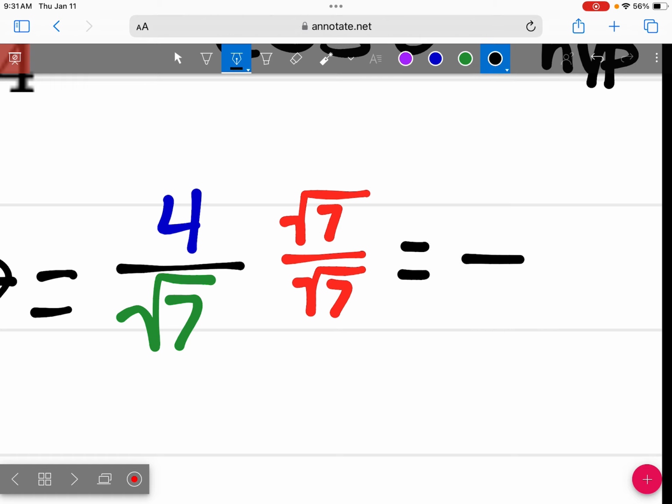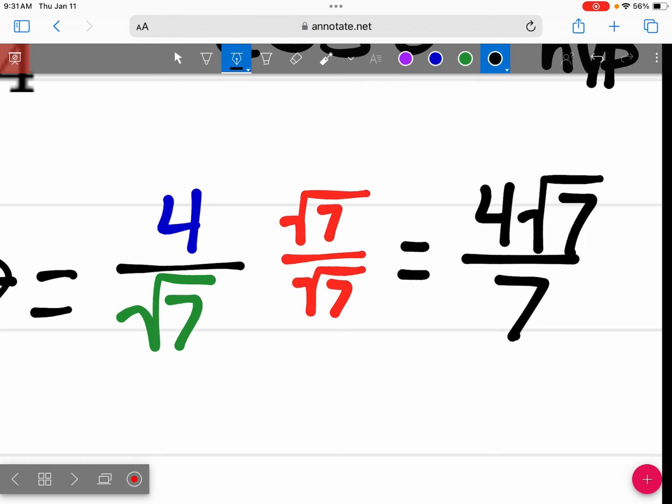That makes my denominator the square root of 7 squared, also known as 7, right? So our numerator is 4 square root of 7. So we do need to rationalize our denominators. Whenever we see a radical in the denominator, we got to fix it.